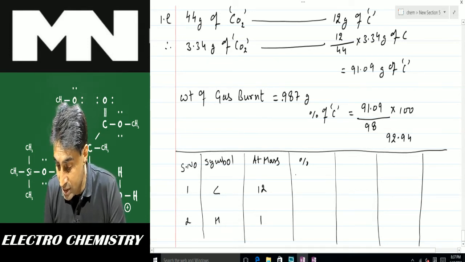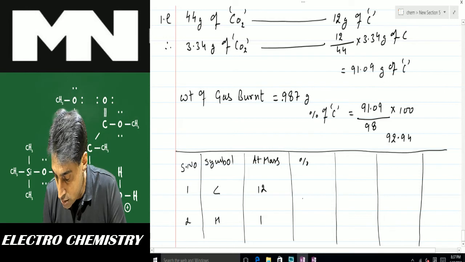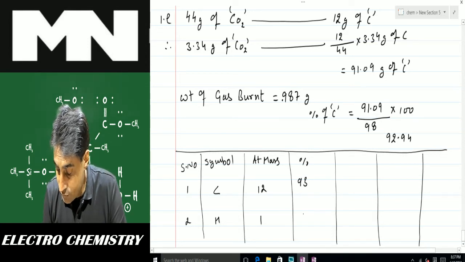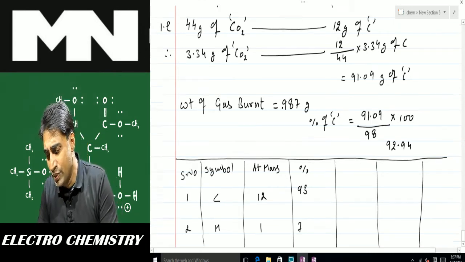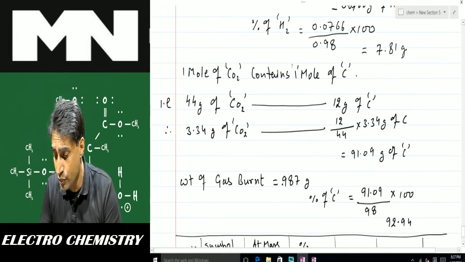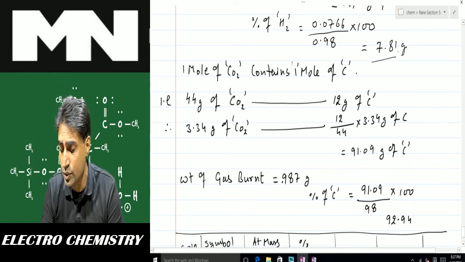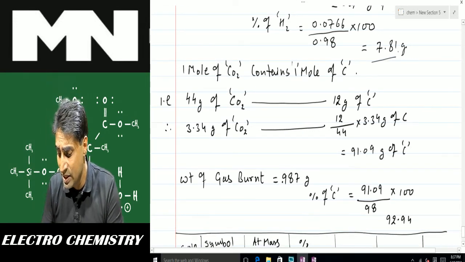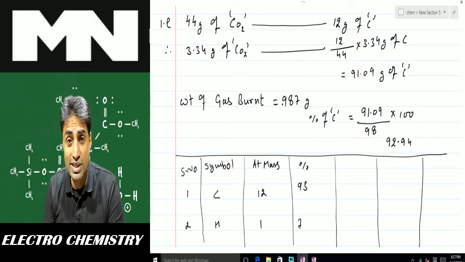So for carbon, it is 93 almost. So we can write it 93%. And for hydrogen, we can write it 7%. If you want to write it down accurately, you can do that. But later on also, we have to round it off. If you want to write it, it's 7.81. If you want to write it down like 8, you can write it. But you know that the sum of percent can never exceed 100.